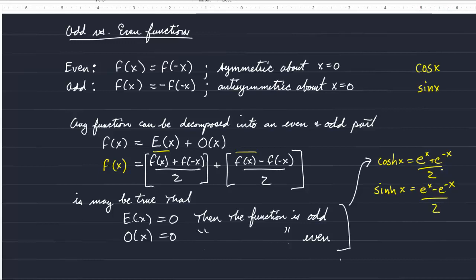So is cosh odd or even? And is sinh odd or even? So this would be a time to, for example, stop the video and think about this question that I've raised and work this out for yourself. But now, assuming you've done that, I'll just talk about the answer, right?